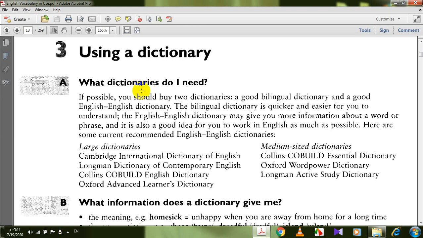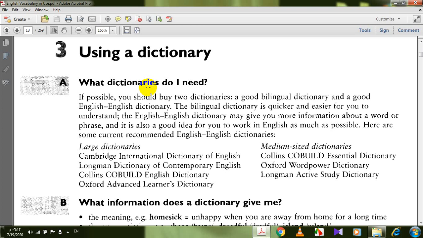What dictionaries do I need? Before answering this question, I'd like to say that we have synonyms for the word vocabulary, because it has just been mentioned. We have the word lexis, L-E-X-I-S.